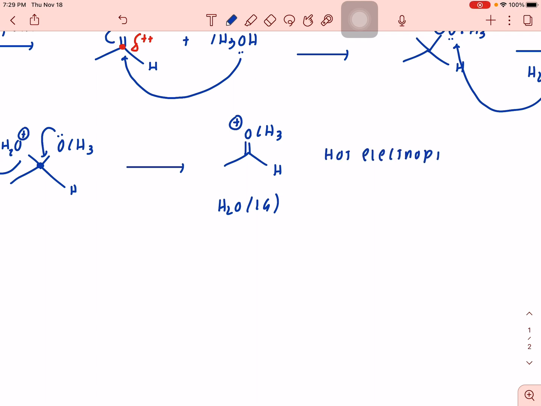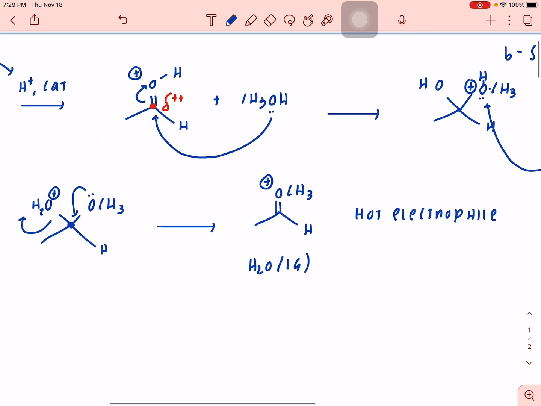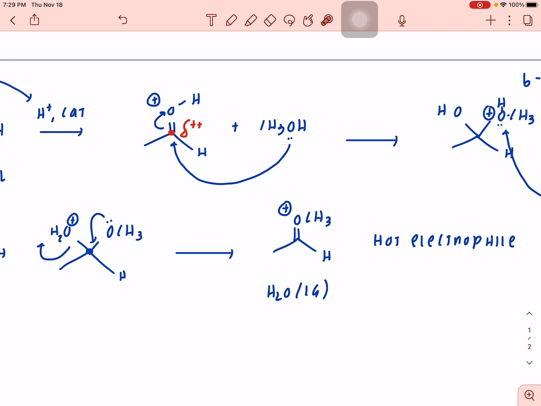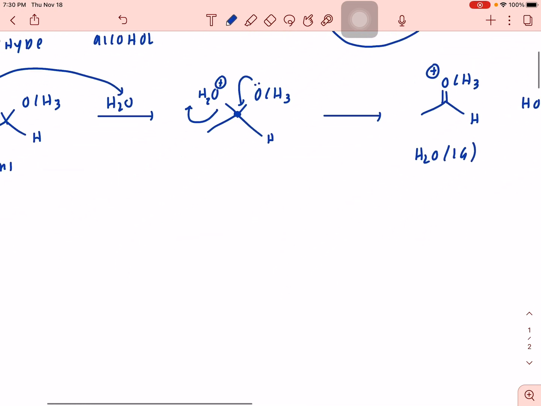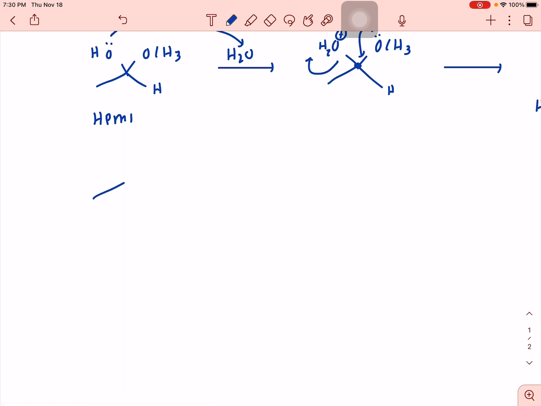I'm not sure if this is a scientific term for it, but this is the way I always learned it. Similar to how the earlier molecule was a really good electrophile because the oxygen was positively charged, this is the same kind of thing. A lot of the molecules in this reaction look very similar, which I think makes it a little bit easier. This is our hot electrophile.